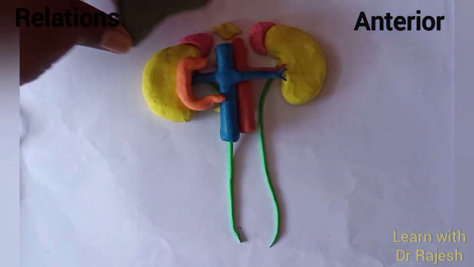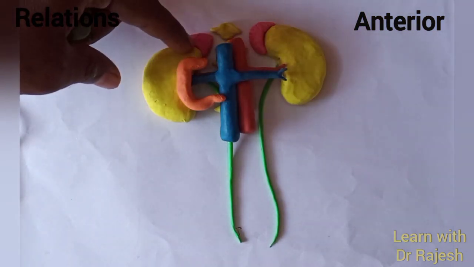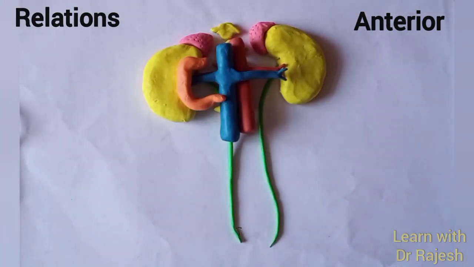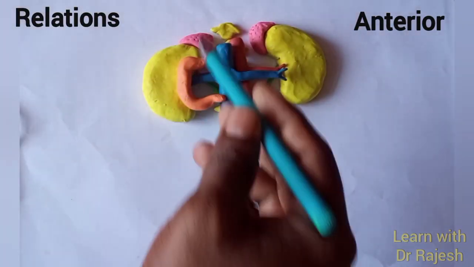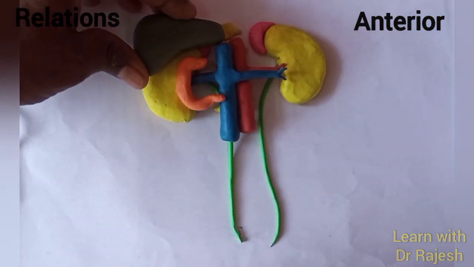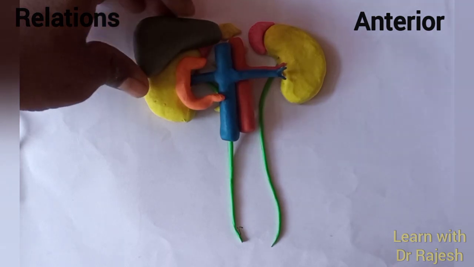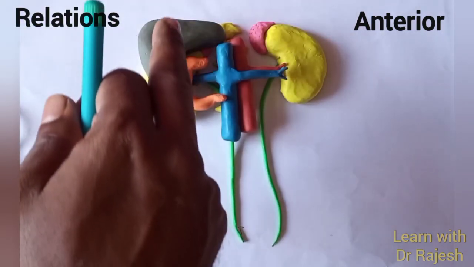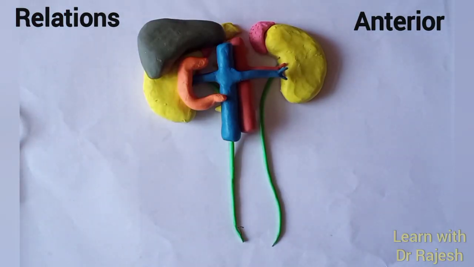The upper pole is related to the right suprarenal gland, and the upper part is related to the liver. What we have kept here is actually the liver.